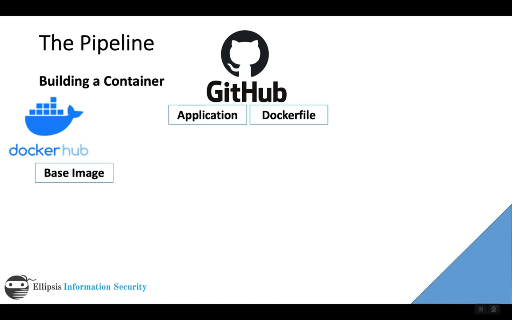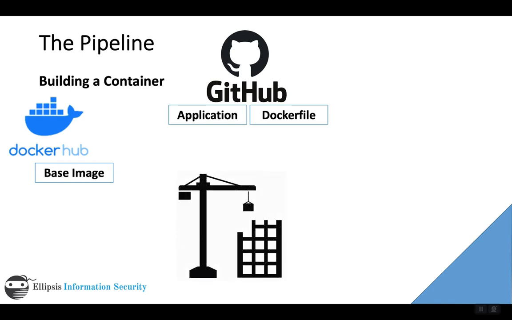So, for example, Docker Hub might be the base image repo where we're going to go grab a starting image that's fairly close to what we want. And GitHub might be the code repository where we have the application code in one project and then the Dockerfile, which would be the build instructions, in a different project.